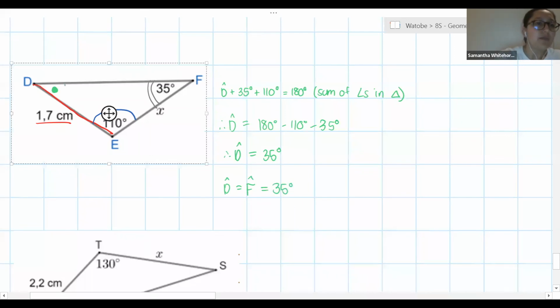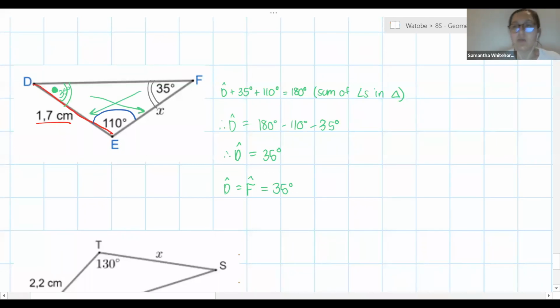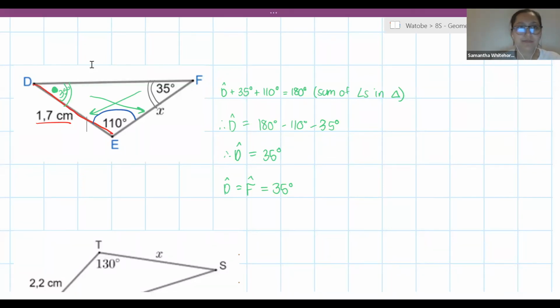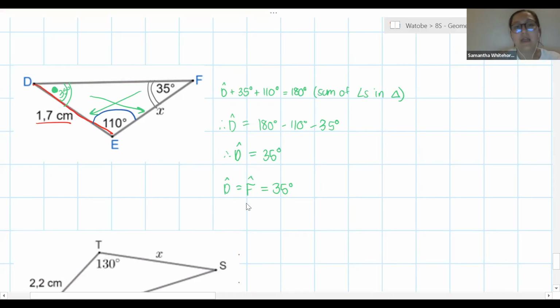And because I've now proved that those angles are equal, I can now go use my reason, sides opposite equal angles, to go and work out what X is. So now I can go say, cool, I've got those equal angles, so therefore X is equal to 1,7 centimeters because of sides opposite equal angles.